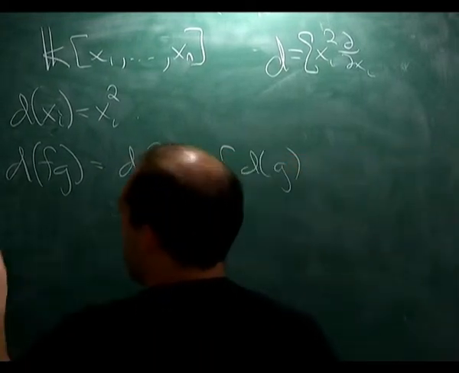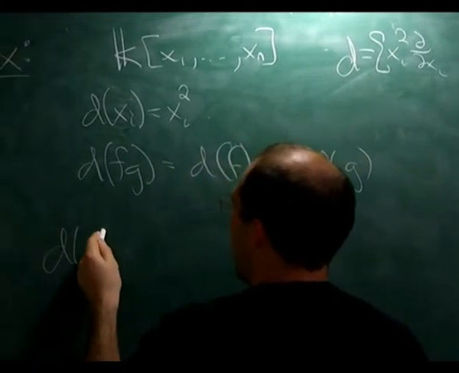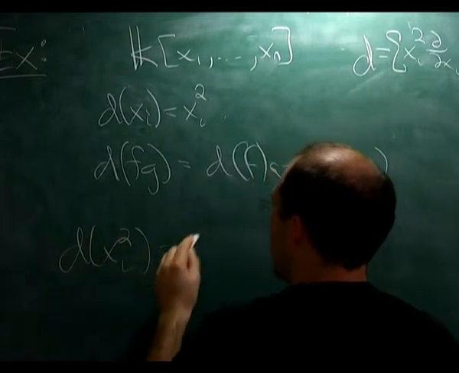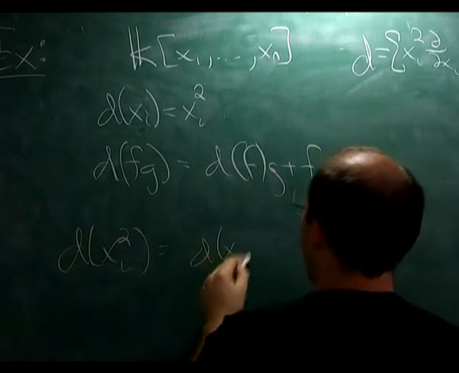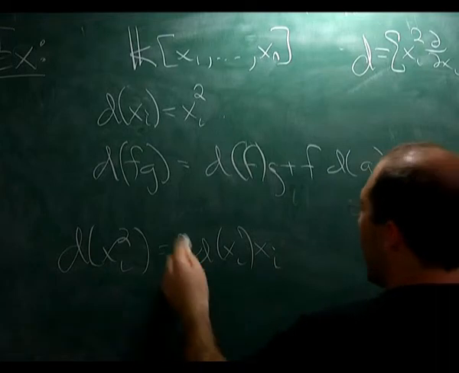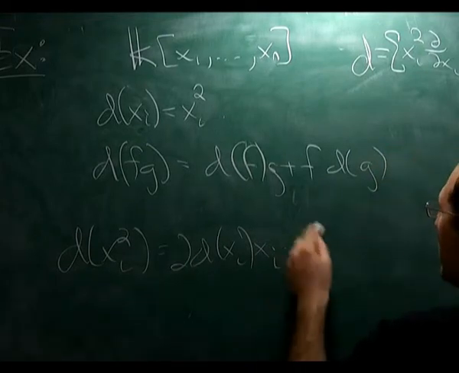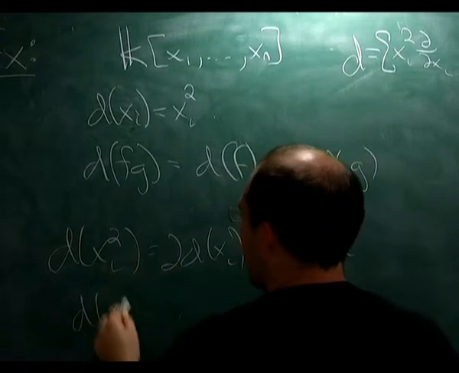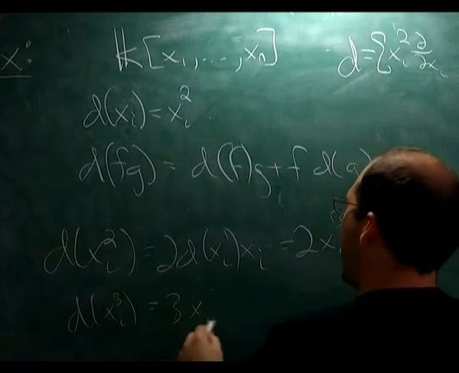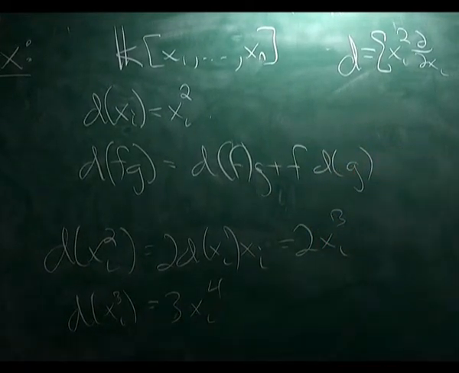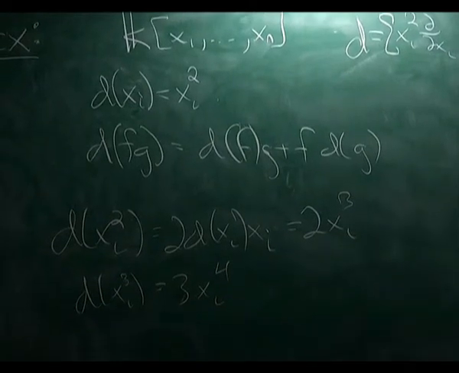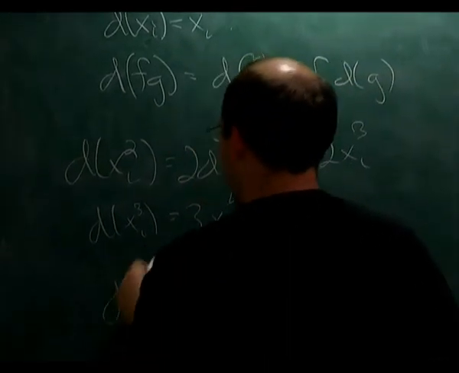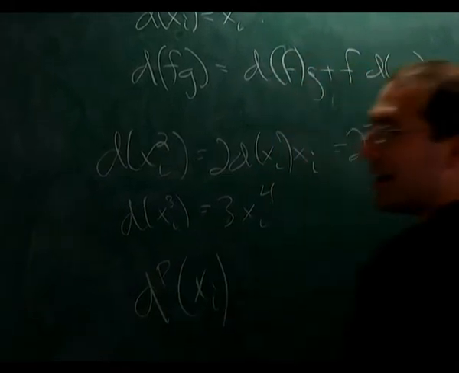So for instance, if we want to compute d of x_i squared, this is d of x_i times x_i twice. So this is 2x_i cubed. And similarly, d of x_i cubed is 3x_i to the 4th. And you can do this inductive thing yourself. So what's d to the p of x_j to the i?